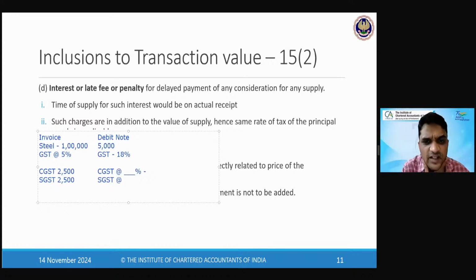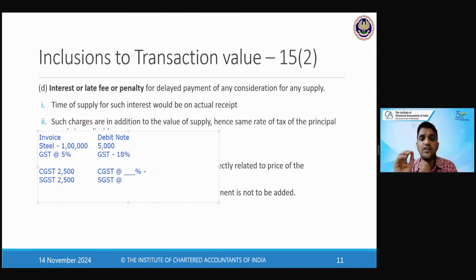In the previous chapter, we studied that the date of invoice, issue of invoice or date of payment, whichever is earlier. So invoice should be issued late. No, no, Pallavi. I'm sorry. There is a total misunderstanding here. In the previous chapter, we studied what is the time of supply. The time of supply is issue of invoice or receipt of payment, whichever is earlier.